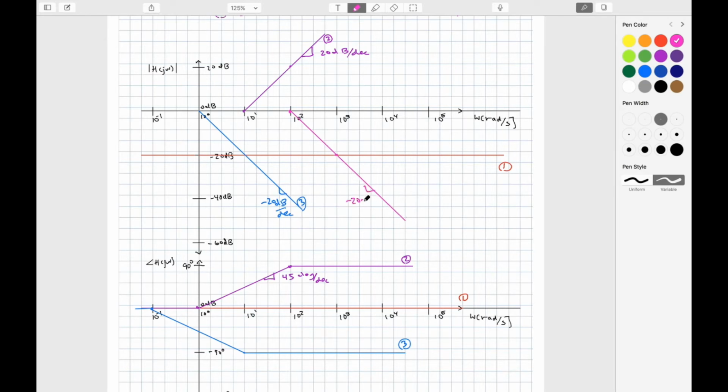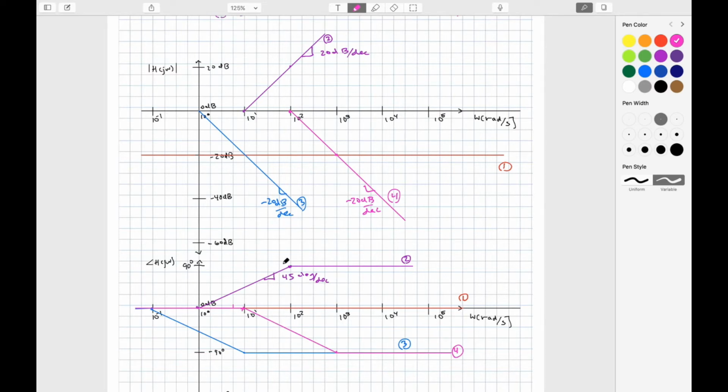All right, this is negative 20 dB per decade. This is the contribution from 4. And here I'm going to start 1 decade before and end 1 decade after. And this is the contribution from 4. And this behavior is the same.